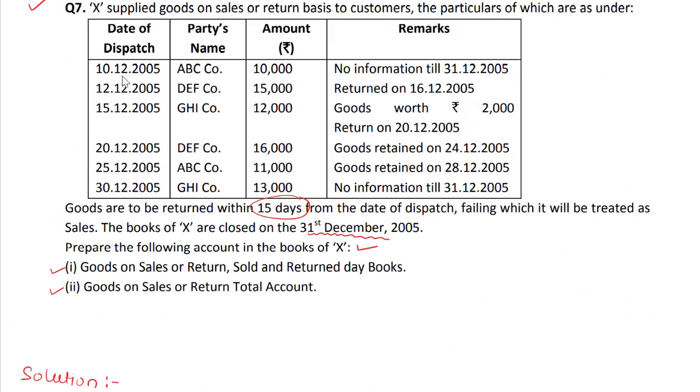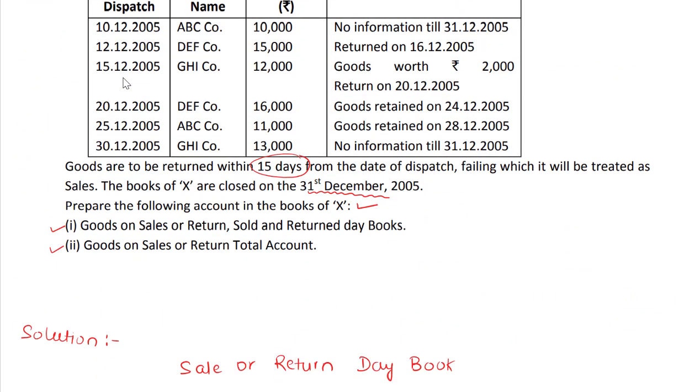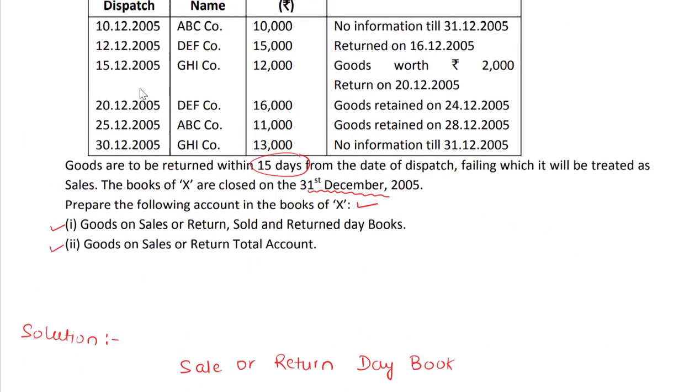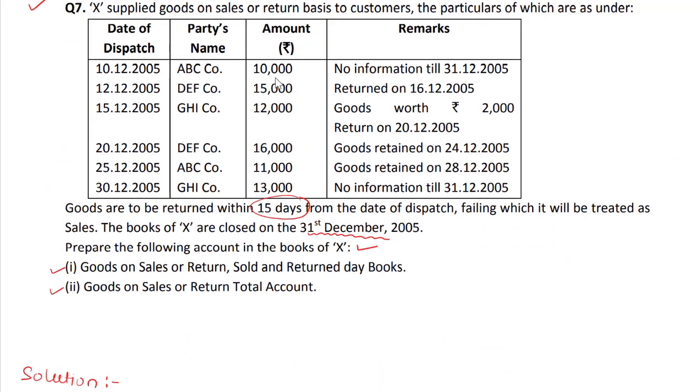The date is 10th December 2005. Copy all the dates first: dates, amount, and party's name. Copy quickly.